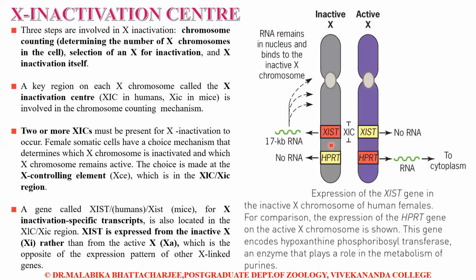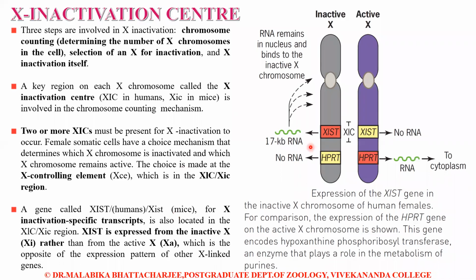So, as you can see, roughly this is the X inactivation center. Within the X inactivation center, there is a gene known as XIST, capital XIST as it is written for humans, and Xist for mice. The full form is X inactivation specific transcript, which is also located in the X inactivation region.